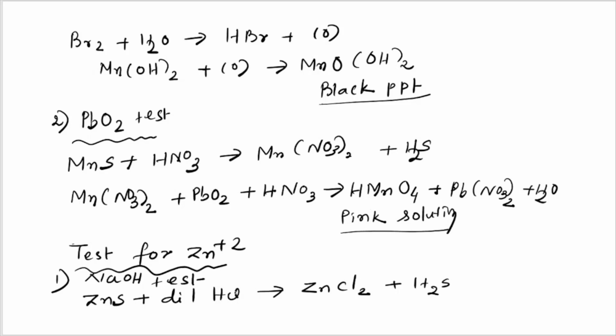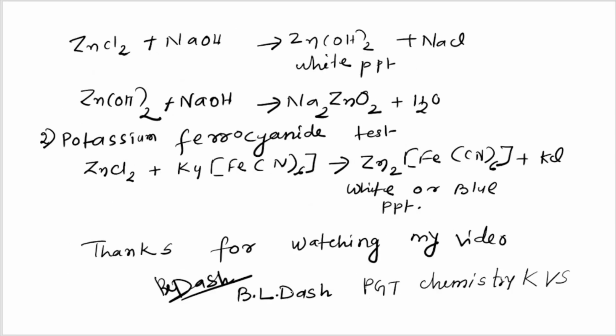Then test for zinc. Here you will add dilute HCl, it will dissolve because it forms ZnCl2, and after that NaOH is added to the ZnCl2, giving a white precipitate. If in excess, the white precipitate dissolves, that is sodium zincate. Potassium ferrocyanide gives a white or blue precipitate.